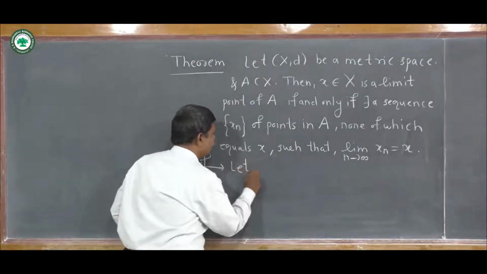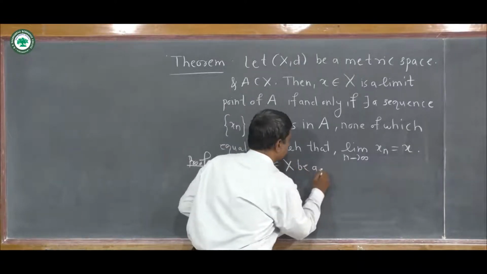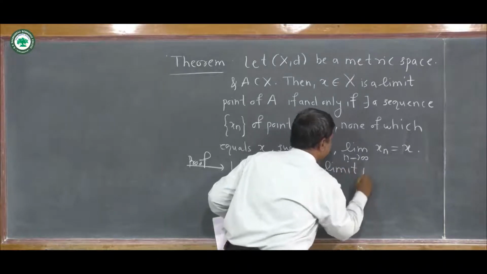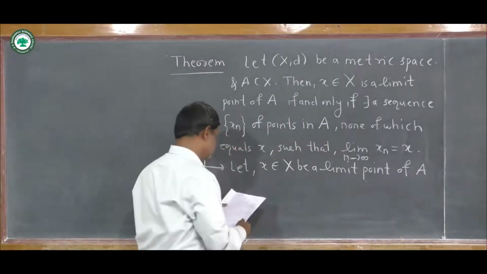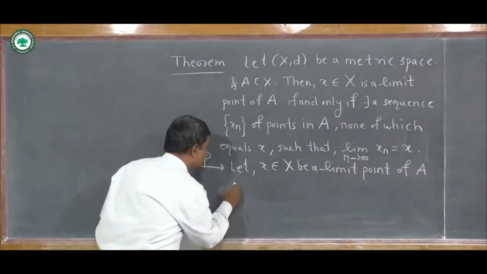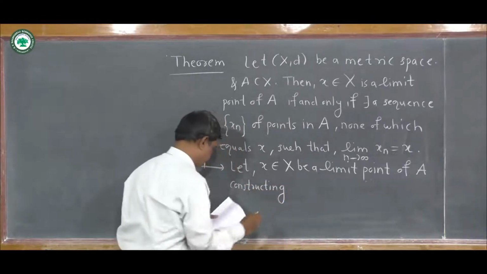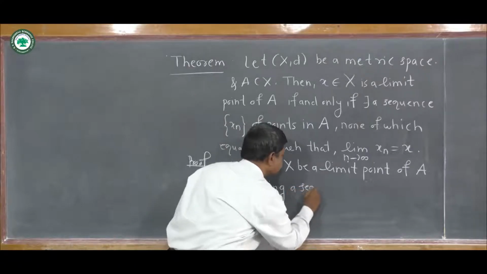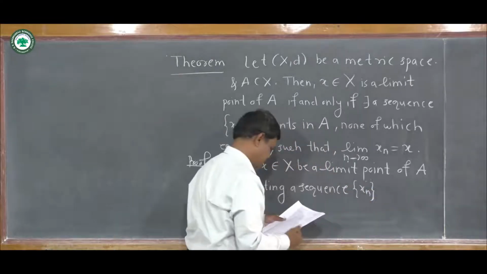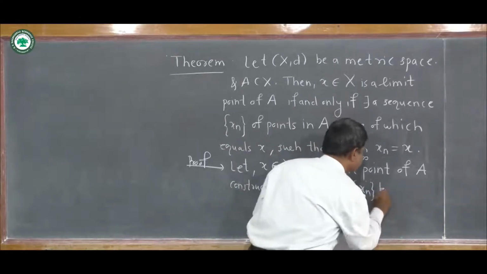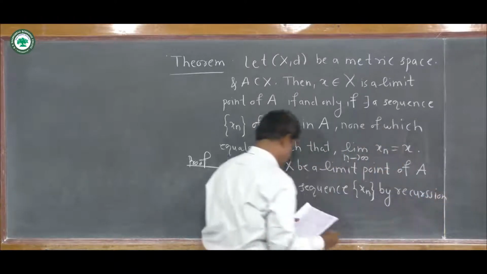So let x belongs to X be a limit point of A, that is a limit point of this set A. Now constructing a sequence xn by recursion as follows.